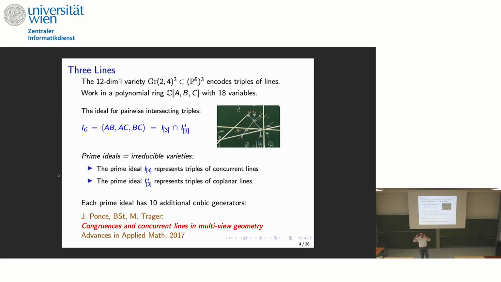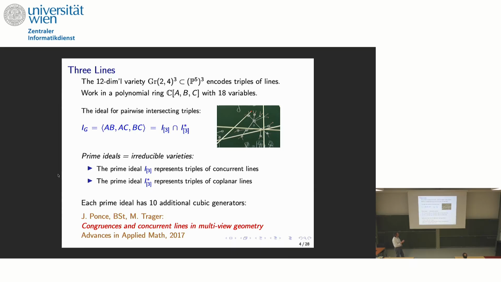If you take a picture with the camera, then your image comes to my camera through a straight line. So, representation of 3-dimensional scenes by 2-dimensional images called photographs, and more importantly, the recovery of 3-dimensional structures from 2-dimensional images is all about lines. And here, this subject in computer science is called multi-view geometry, and we analyzed these concurrent lines, and this ideal has 10 additional cubic generators.